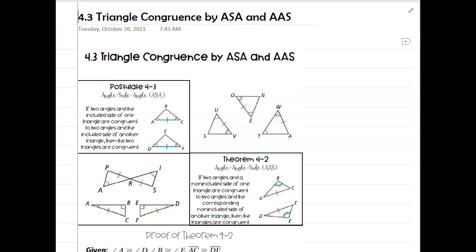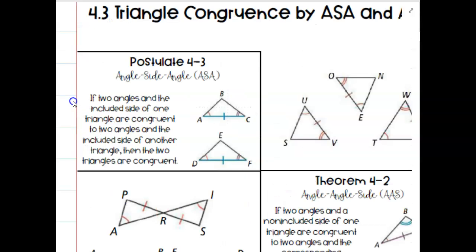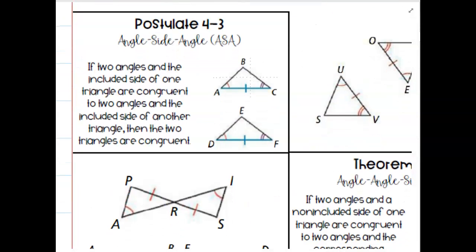So what we're learning today is two new ways that you can prove that triangles are congruent. One of them is a postulate, which remember, if it's a postulate, you can't prove it. The other one is a theorem, so we're actually going to prove this one. Postulate 4.3 is the angle, side, angle.